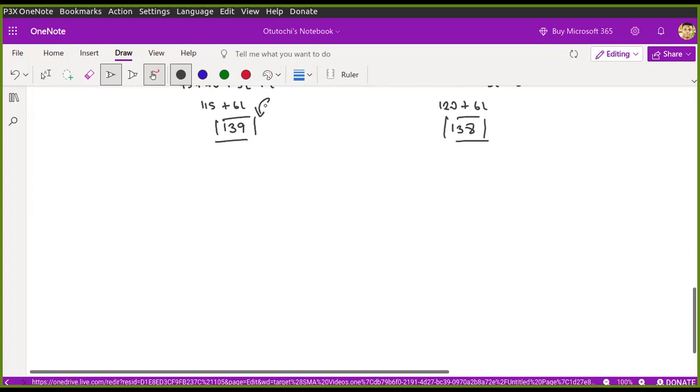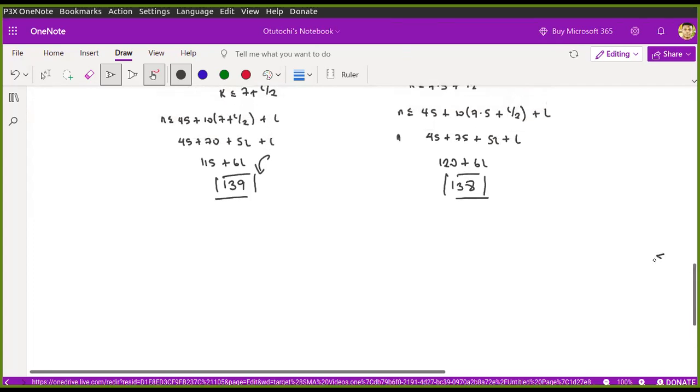We have to find a case where L is even that will give us 139, or for whatever maximum number there is. Else, we may just be having a less than or equal to, but we won't really get the maximum number.